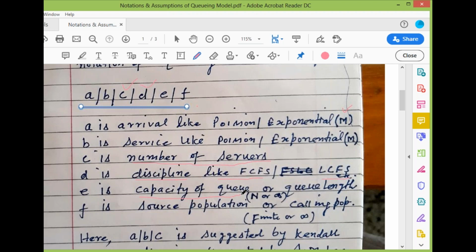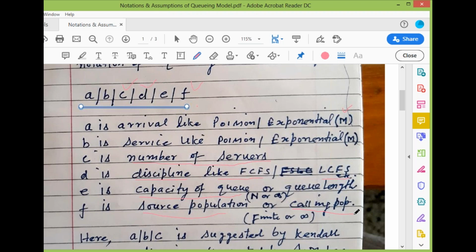The queue size represents the capacity of the queuing system, and this may be either finite or infinite. And F is the last. F is the source population, also known as the calling population.